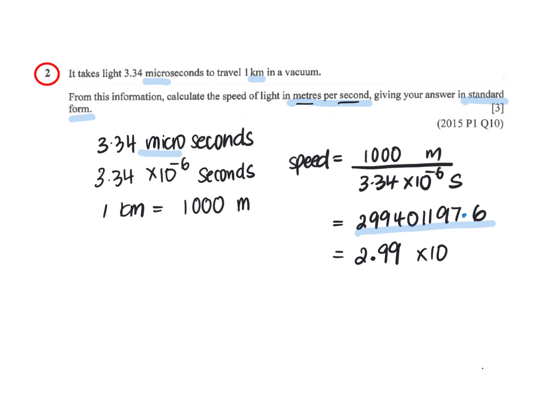So if my decimal place is here and I'm going to shift it here, I need 1, 2, 3, 4, 5, 6, 7, 8 of it. Right, so this one will be 10 to the positive power 8 meters per second, corrected to 3 significant figures. Have you gotten the answer?